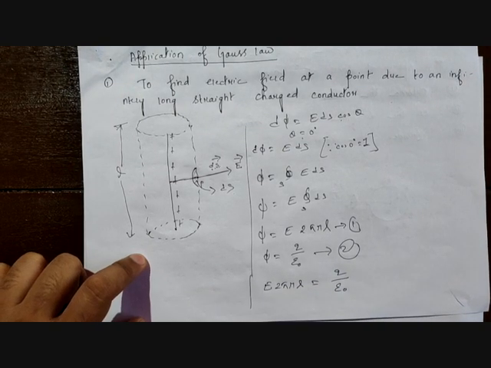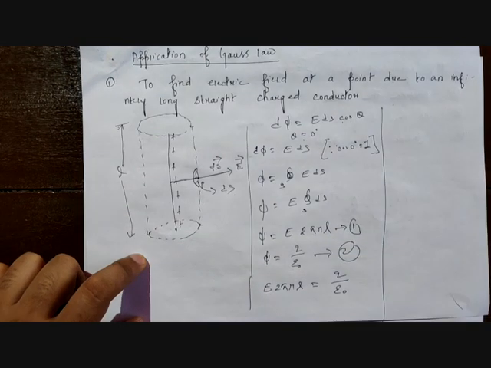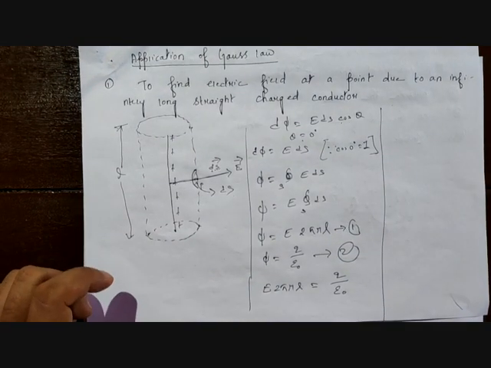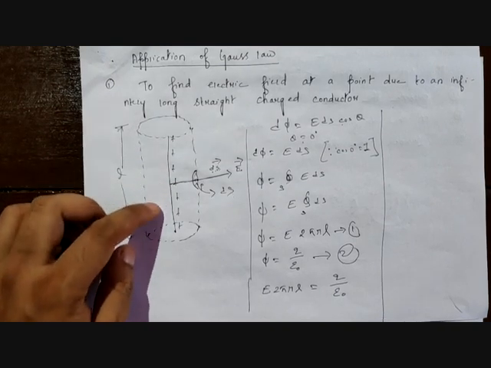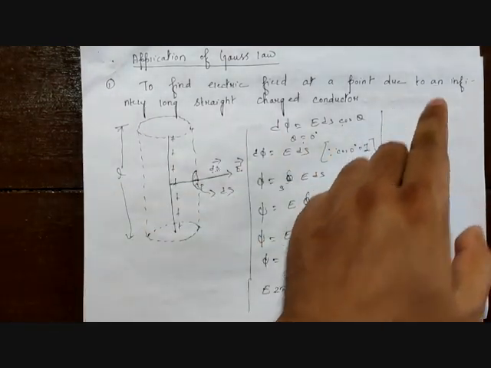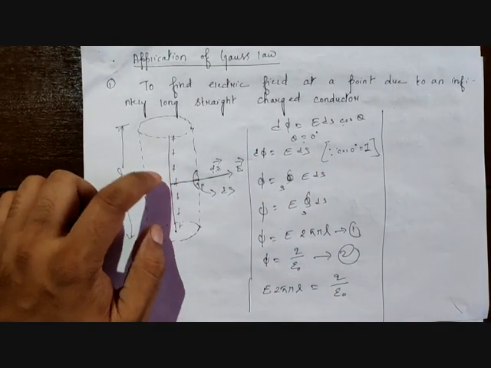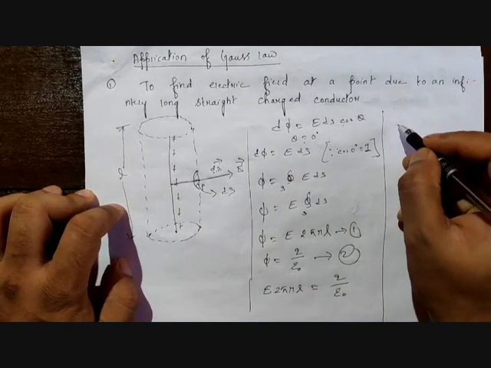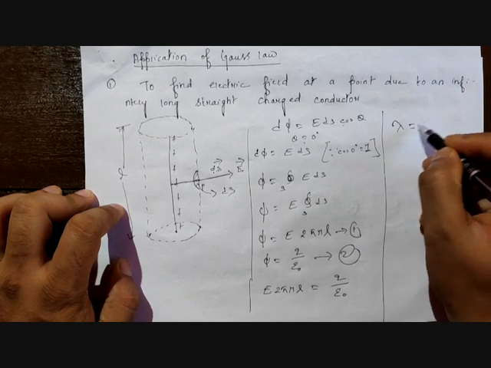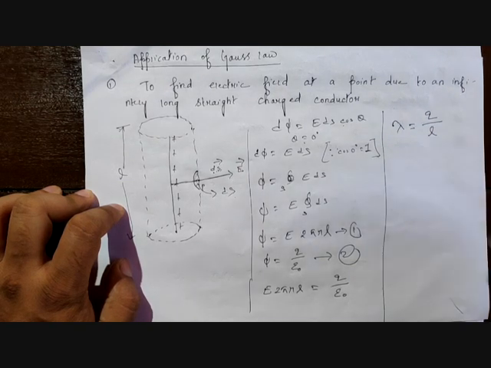Now, as you know, if you've seen your notebook, there are three types of charge distribution: linear charge distribution, surface charge distribution, and volume. Here it is linear charge distribution, as already mentioned. So what's the formula for linear charge distribution? Lambda equals charge by length.